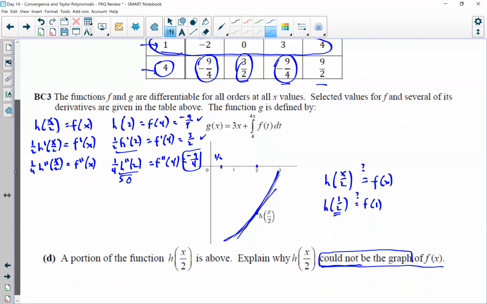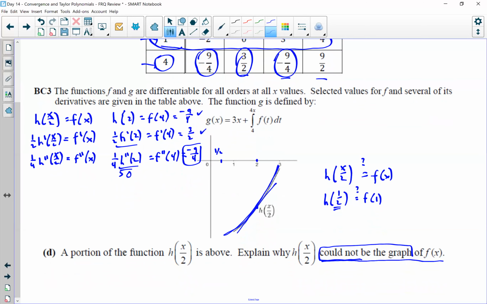And so after all of that, explain why it couldn't be. The reason would be because f double prime of 4 is less than 0, but yet h double prime of 2, which is what would happen when x is 4, is greater than 0, since h of x over 2 is the function we're talking about.